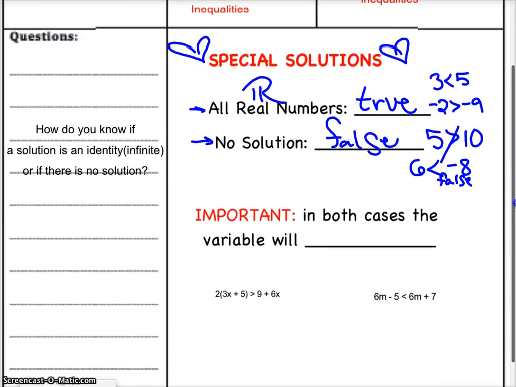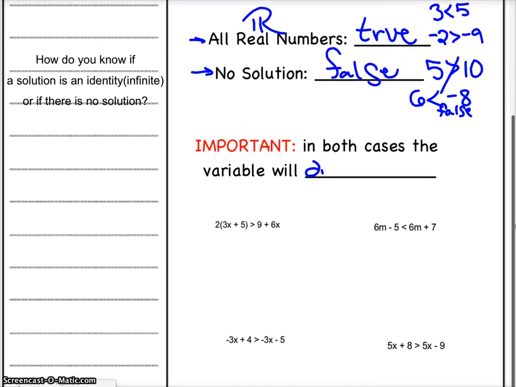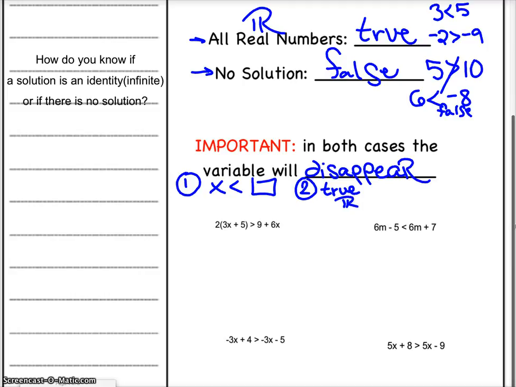What's important for you to know is in both cases, the variable is going to totally disappear. If the variable doesn't disappear, it's not a special situation. So you have one of 3 things that can happen. You can have our first situation, like x is smaller than something. You can have a second situation where it's true, which is all real numbers, or you can have a third situation where it's a false statement, which is no solution.